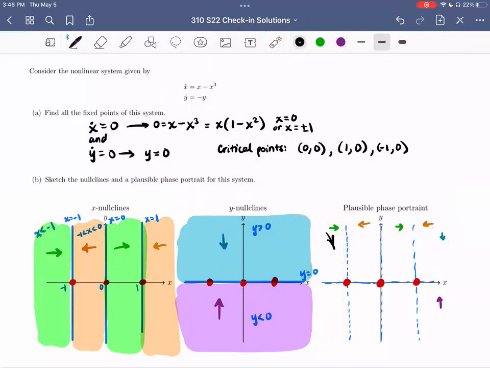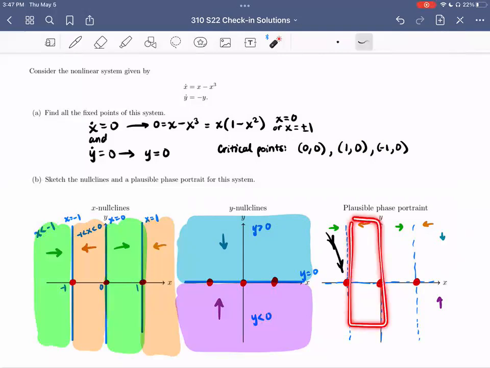From this analysis, I don't know if they're doing this or that, but I know they're going down and to the right. So they're doing that. I also know that they should be approaching this critical point. So maybe I can show that they're approaching that critical point in that way.